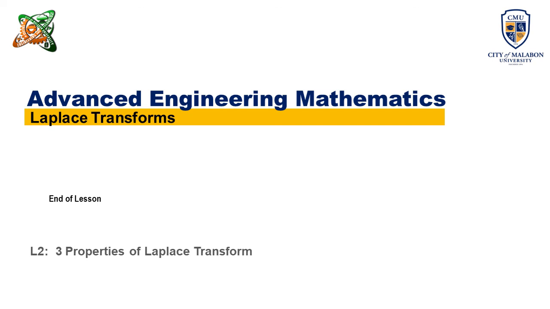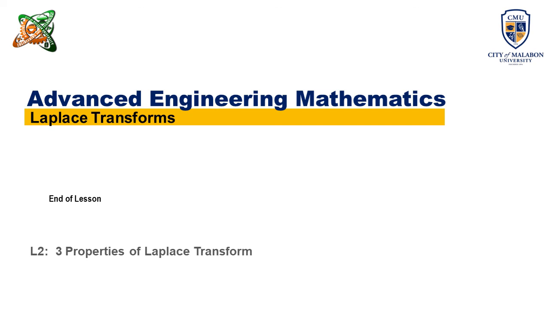Next, we discussed shifting. We have two kinds: the first shifting theorem and the second shifting theorem. We also discussed the difference between the two, and we had a few examples.